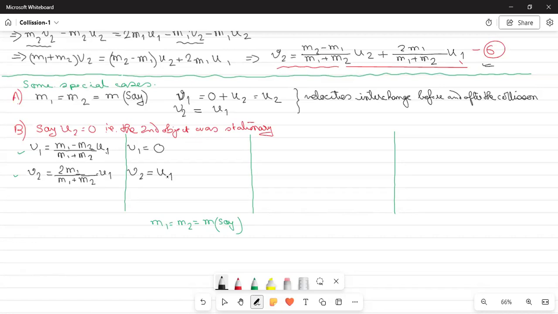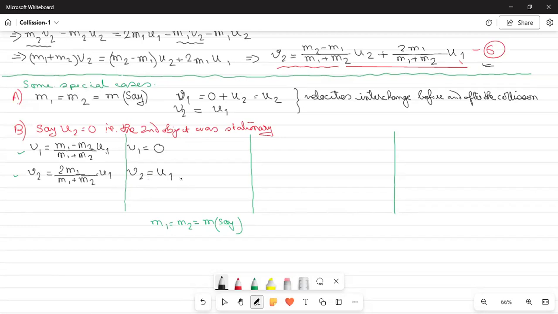So if the second object was stationary and the first object was moving and both of them are same mass, then what happens? The first object stops at the time of collision. It stops there. And the second object starts moving with the velocity of the first object.